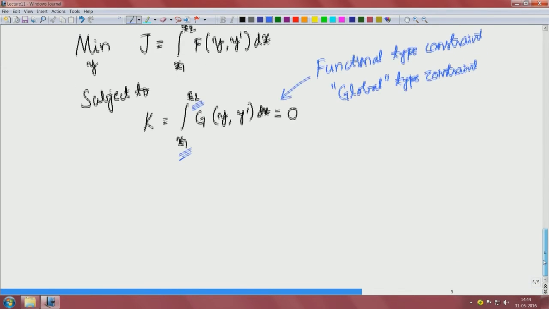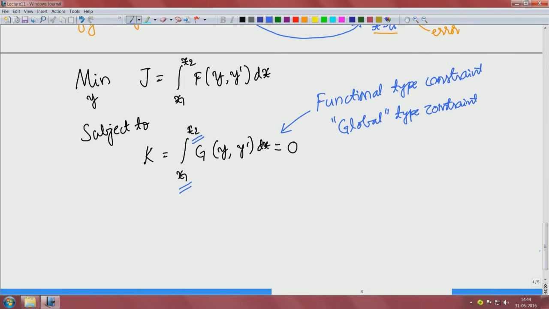When you have that, whenever we have to say we are minimizing j, an objective function here, to find a certain y star of x, that is our unknown function. How do we know it is a minimum? We have to check around that function in the function space to see if it is a minimum. Now, how do you check? Whenever you perturb your constraint, which should be 0 here, equality, when I perturb y a little bit, this integral x1 to x2 g might not be 0 with your perturbation.